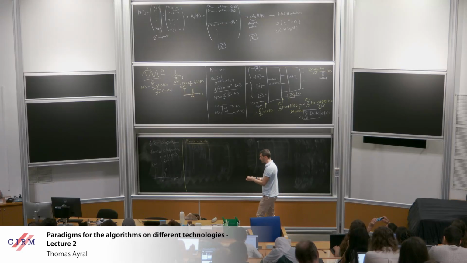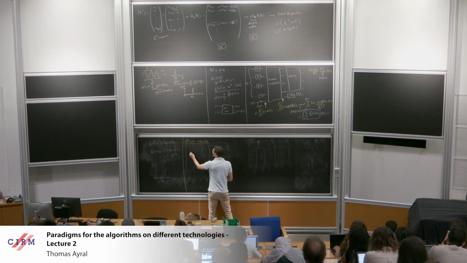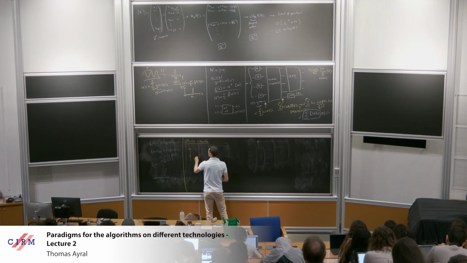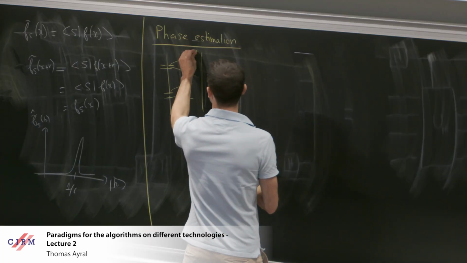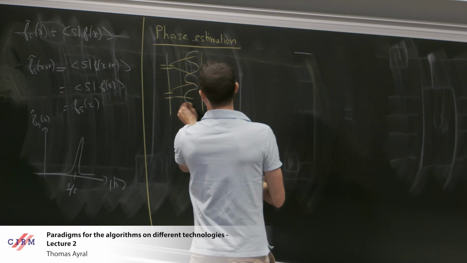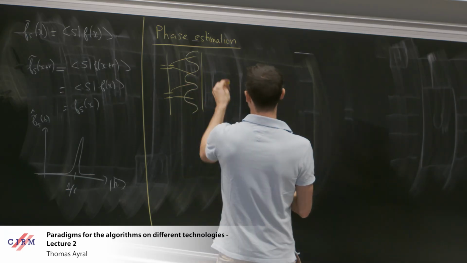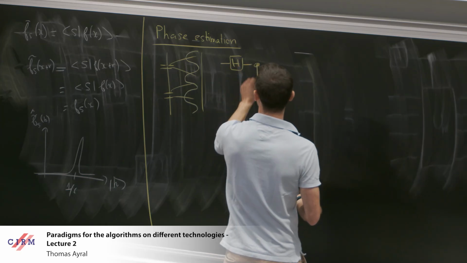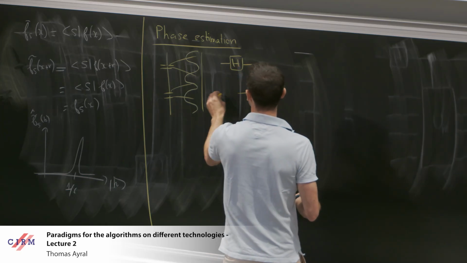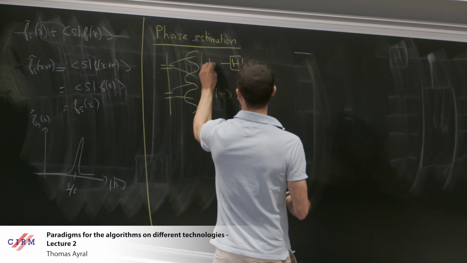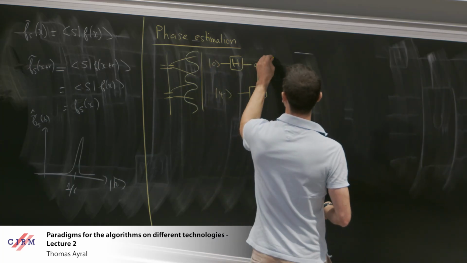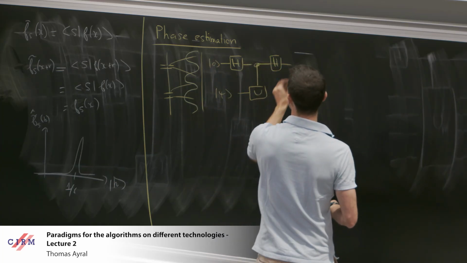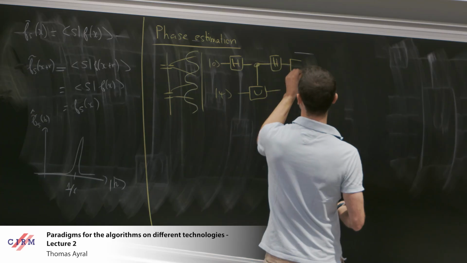So phase estimation, you remember yesterday we had a small analogy with two Young slits, and we had seen that if I have light here, what I'm going to see on my screen is a cosine. And the corresponding circuit was a Hadamard gate to split the ray in two, then a unitary to dephase it if I have an input vector which is an eigenstate, and then I do a Hadamard gate to interfere, to have interference patterns between the two.